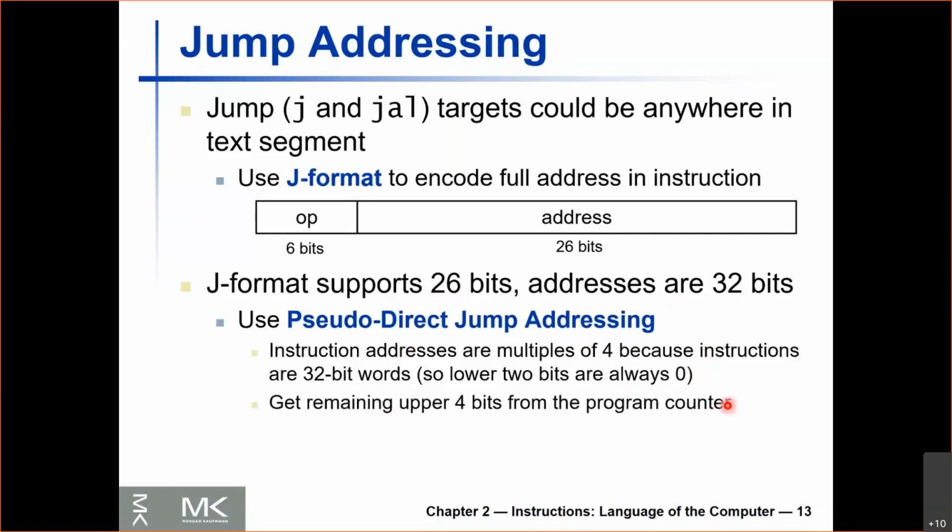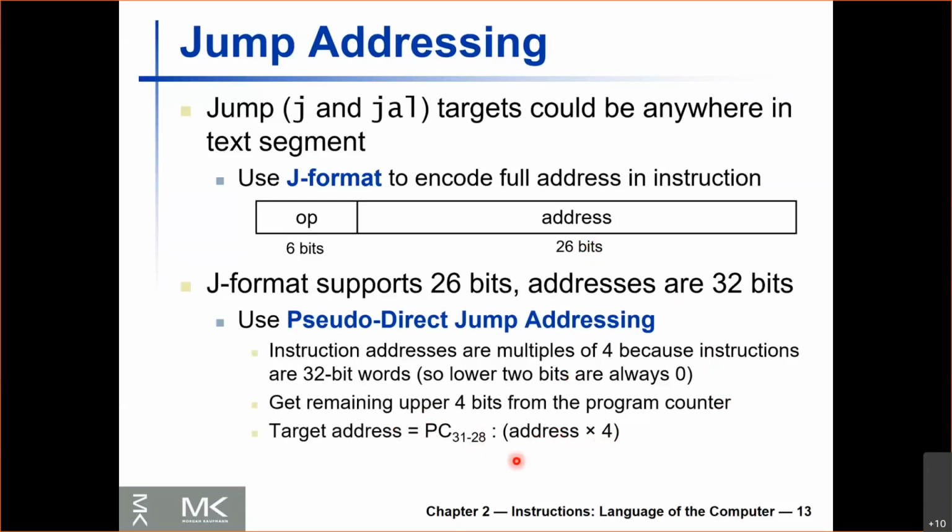Okay, so with pseudo-direct jump addressing, the target address is found as follows. The target address is going to be equal to the most significant 4 bits of the program counter concatenated with the address, which is 26 bits, times 4, that makes it a 28-bit number.